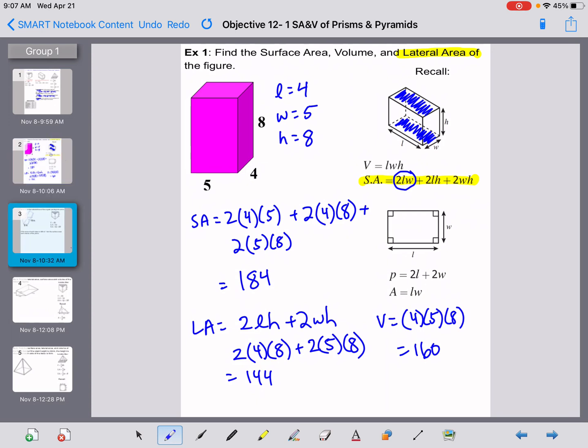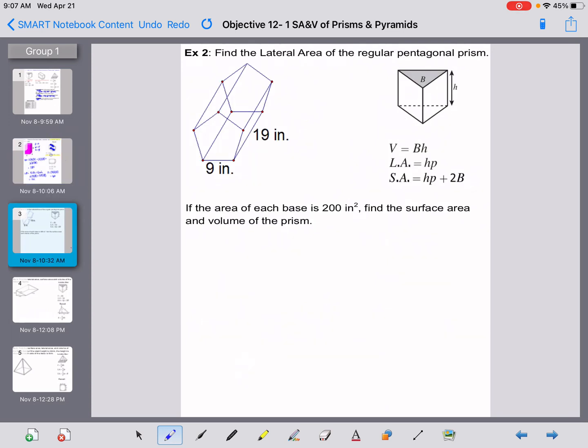All right, next example. Find the lateral area of the rectangular pentagonal prism. So lateral area. Here's my lateral area.